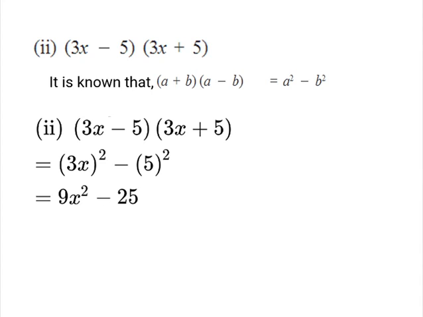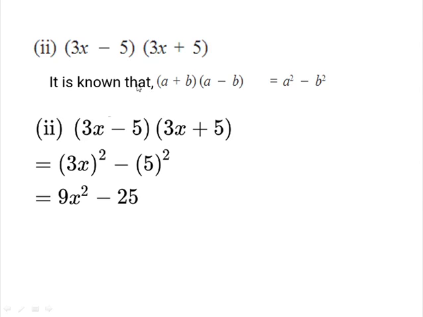Now second example, (3x minus 5)(3x plus 5). Here in this example, a is 3x and b is 5. Therefore, we will write 3x in place of a and 5 in place of b. First we will write the formula. It is known that (a plus b)(a minus b) is equal to a square minus b square.